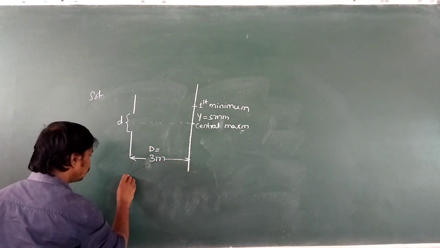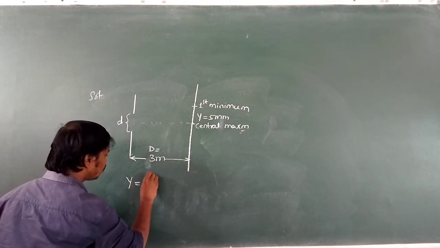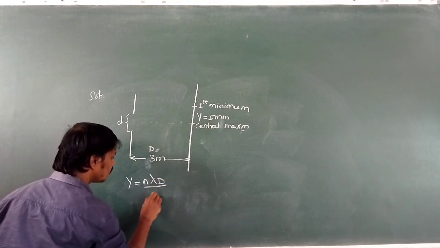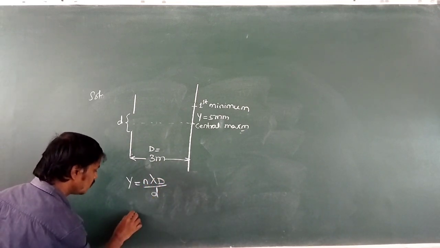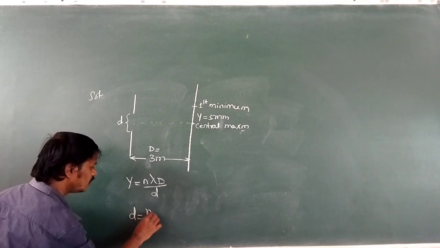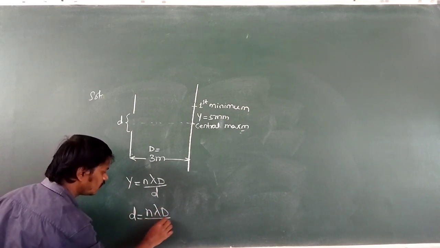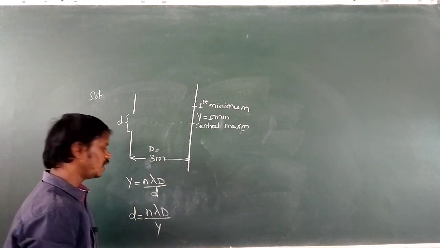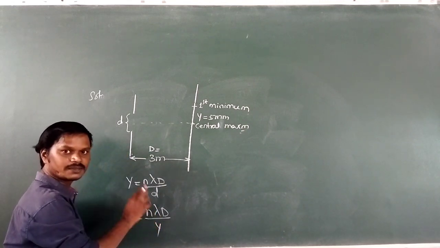Then y is equal to n into lambda into capital D divided by small d. Then small d is equal to n into lambda into capital D divided by y. Then substitute the values. n is how much? 1 because first minimum.